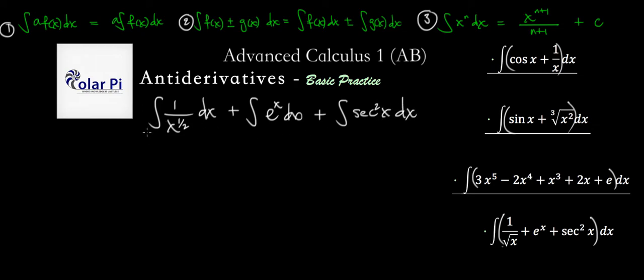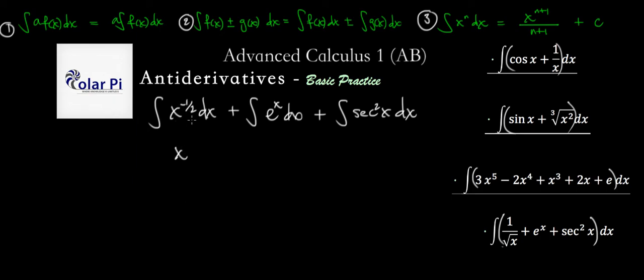Okay, got it. Now, this first guy, we want to write a little bit more. x to the 1/2 in the denominator could be put in the numerator as x to the negative 1/2, right? So I'm going to write x to the negative 1/2 right here.